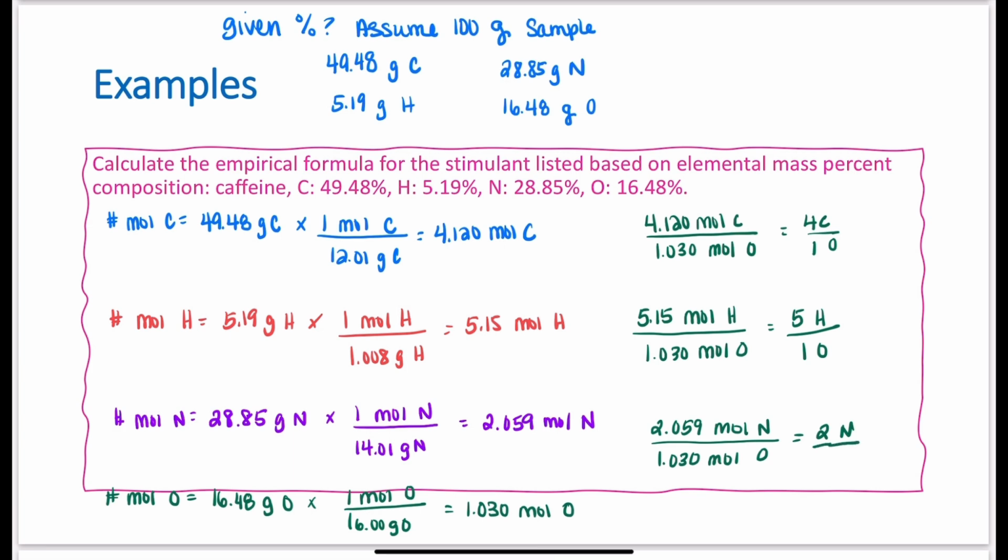So 2 nitrogen for every 1 oxygen. I see here that I have 4 carbons, 5 hydrogens, 2 nitrogens to every 1 oxygen. So my empirical formula for this stimulant is C4H5N2O.